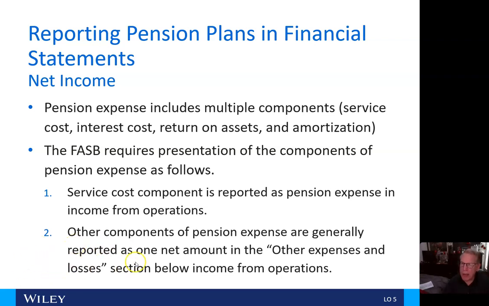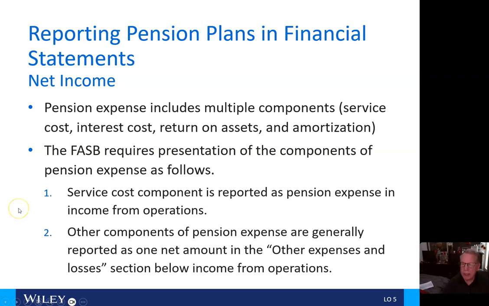And here for net income, number 1, we're going to show pension expense that includes multiple components. That's going to include the service cost, interest cost, return on assets, and amortization. And number 2, the FASB requires presentation of the components of the pension expense as follows.